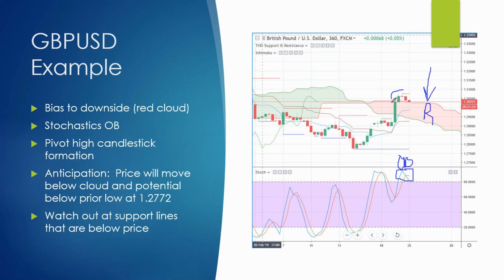Okay, here is your 3-bar reversal. Does everybody see that? You have a pivot high right here. This bar did close under the low of that bar. So your anticipation is that price will come back and try to test this low.